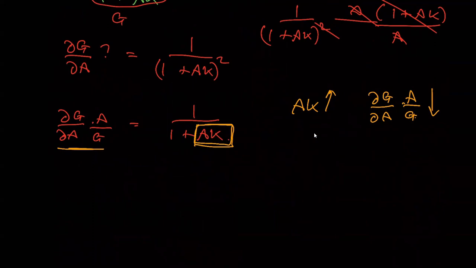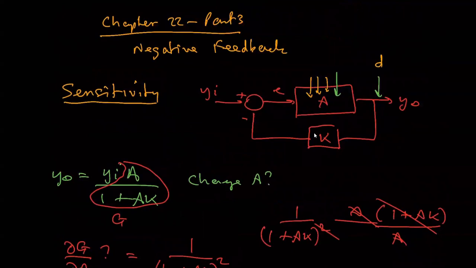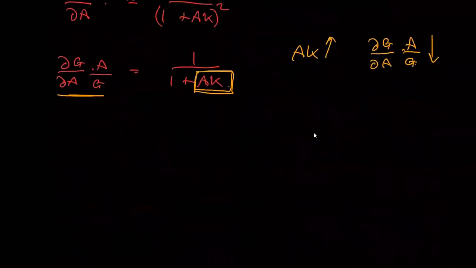You can do the same thing with a disturbance. If you apply the disturbance to the output, that basically turns into a summing junction here as well. I can write down what the equation looks like. It'll basically look like y0 equals A y i, which we had before, divided by 1 plus A k, then there's a minus D, which is the disturbance.